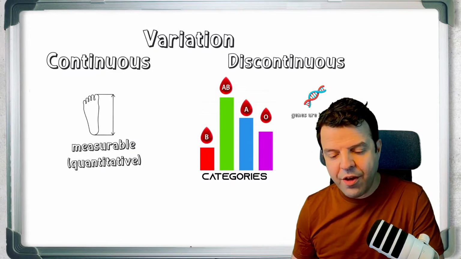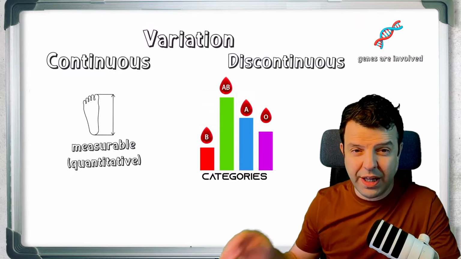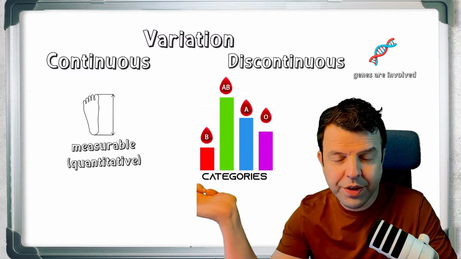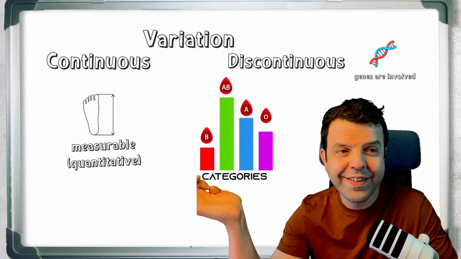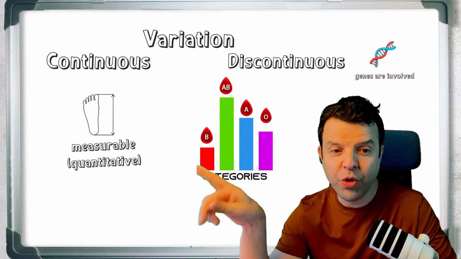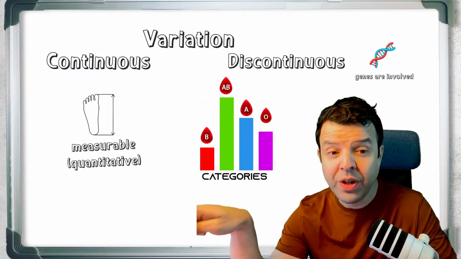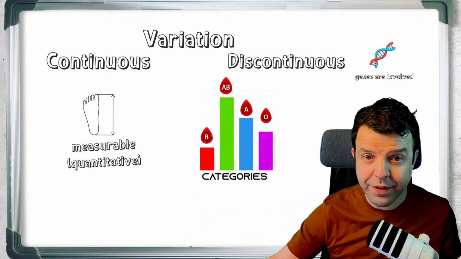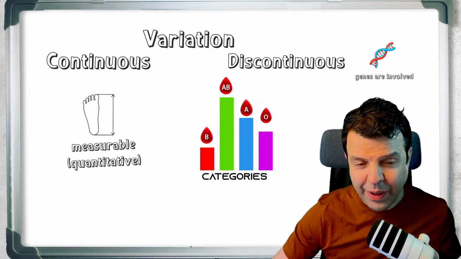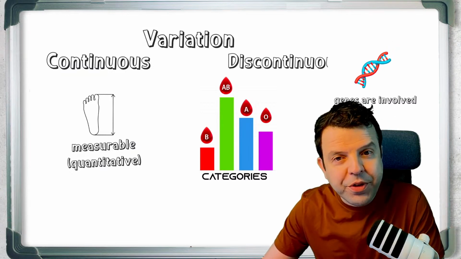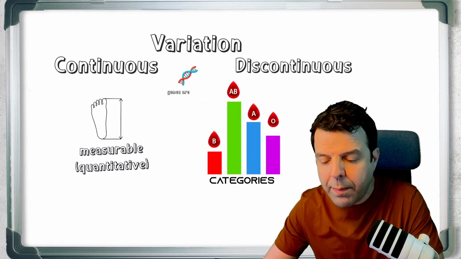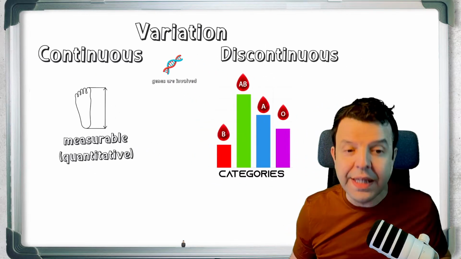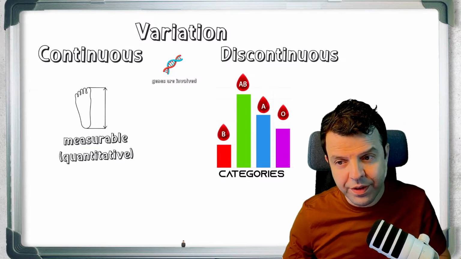Now, if genes are involved, which kind of variation is this one? So which kind of variation is influenced by your genes? Is it continuous or discontinuous? Listen to what I'm saying. I'm saying influenced. Okay? Look where I'm going to put this one. I am going to put it halfway because every single feature in your body is influenced by your genes, right?